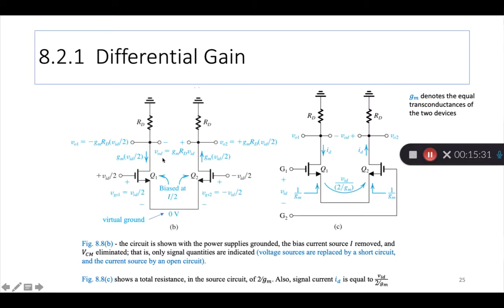The output voltage at this drain, VO1, is given as the input multiplied by this gain factor, transconductance GM times the resistance, right? We have seen these formulas previously.